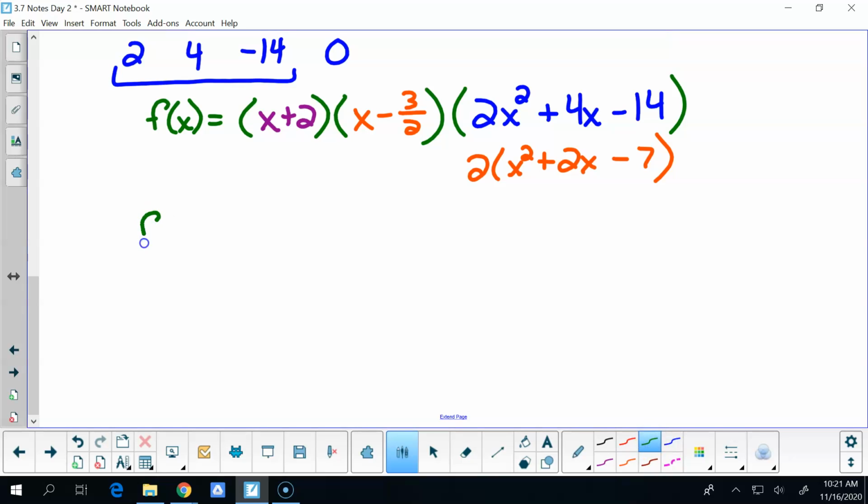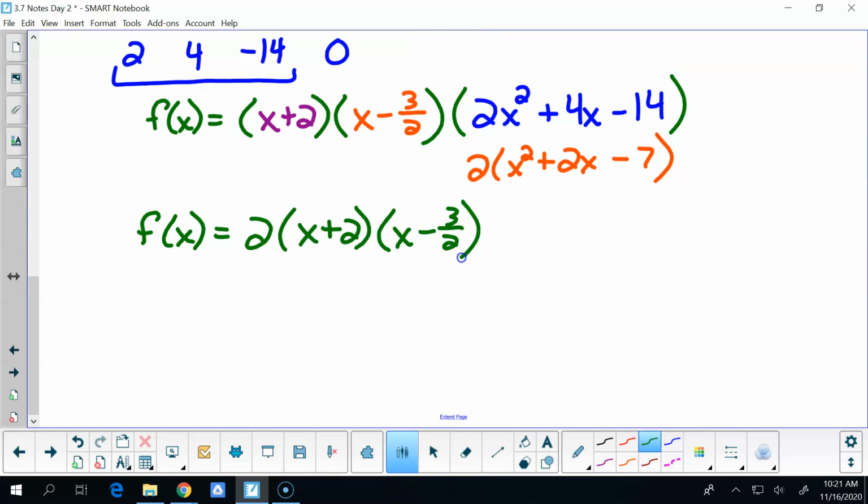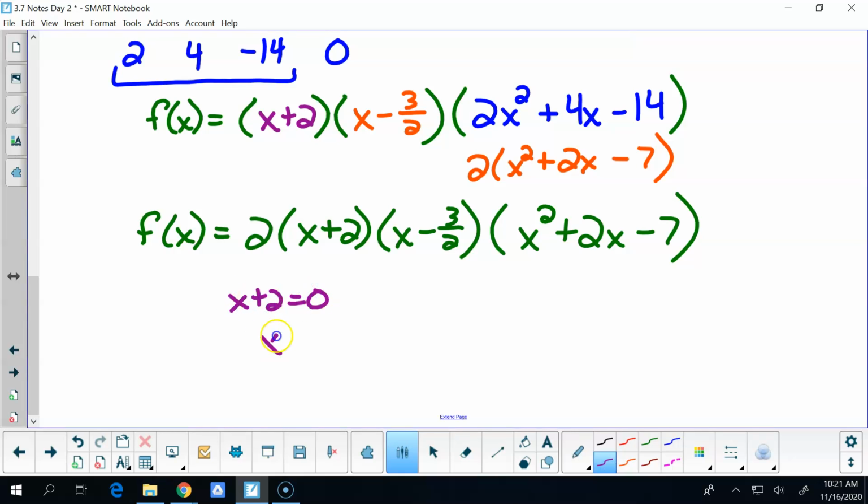So the fully factored version of f would be 2 times x plus 2 times x minus 3/2 times x squared plus 2x minus 7. Both of those we got off of our graph.